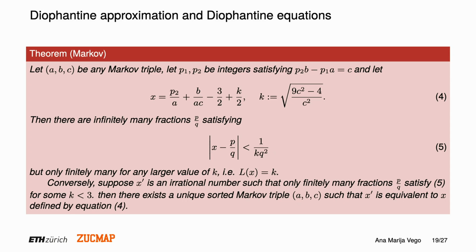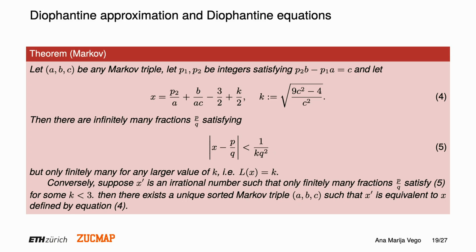And what Markov's theorem says is that then there are infinitely many fractions satisfying this equation, where k is equal to square root of 8, but only finitely many for any larger value of k, which is exactly the next statement that Hurwitz gave. So about square root of 8.